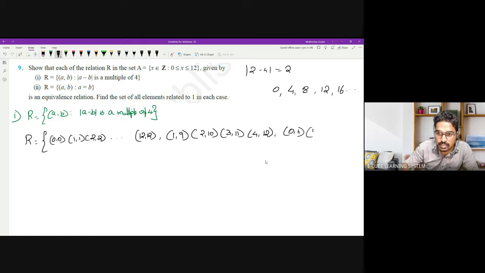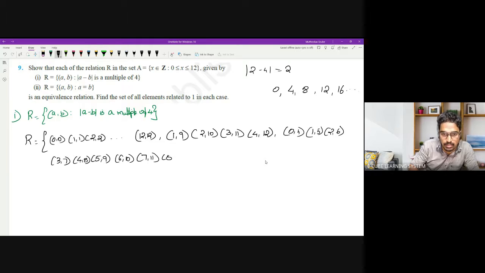0, 4 is there. 1, 5 is there. 2, 6 is there. 3, 7 is there. 4, 8 is there. 5, 9, 6, 10, 7, 11, 8, 12.